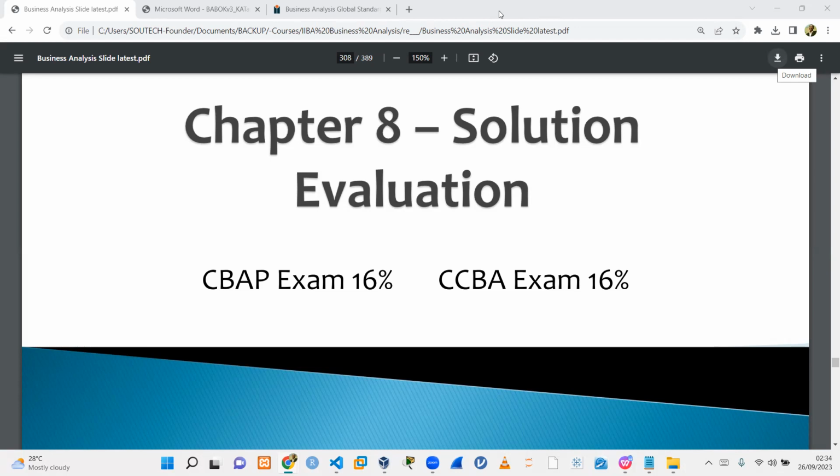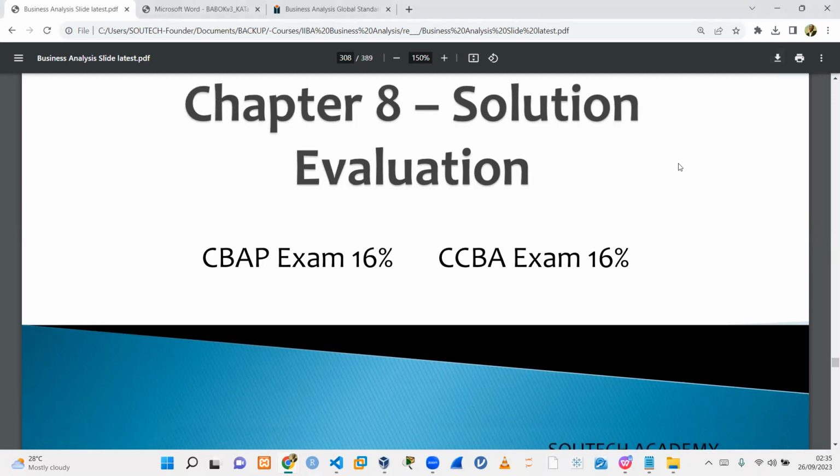So here we're going to be analyzing what are the different tasks a BA is to perform, and which elements he or she is going to explore to deliver the best solution for the enterprise.